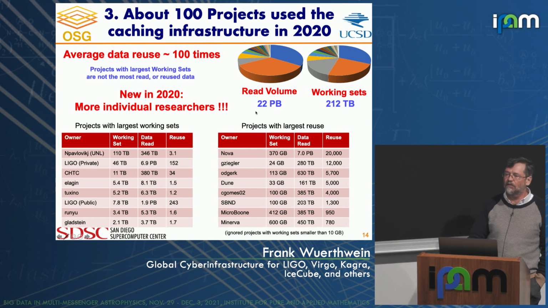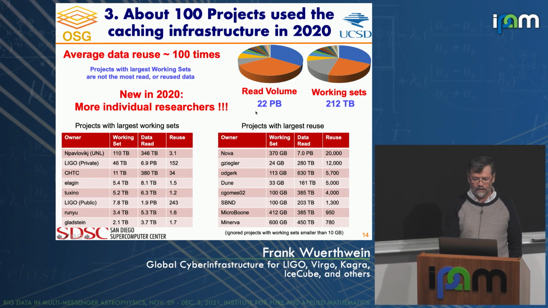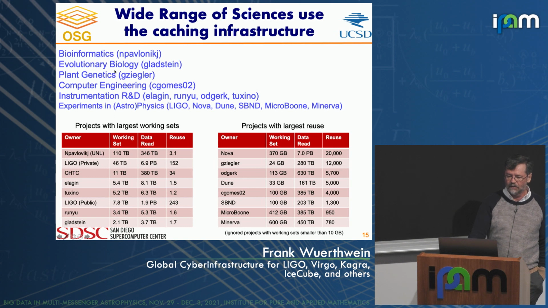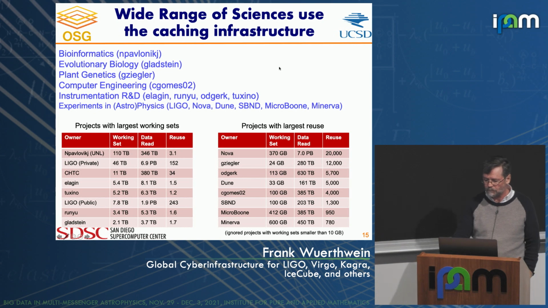So the average reuse is about 100 times. In fact, I have some of the range of sciences listed here. Some of the people that I didn't remember are plant genetics, computer engineering, and I think the others I mentioned.